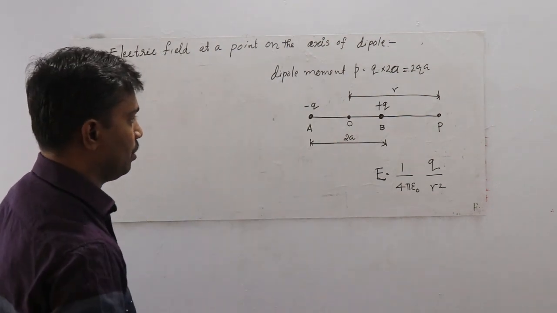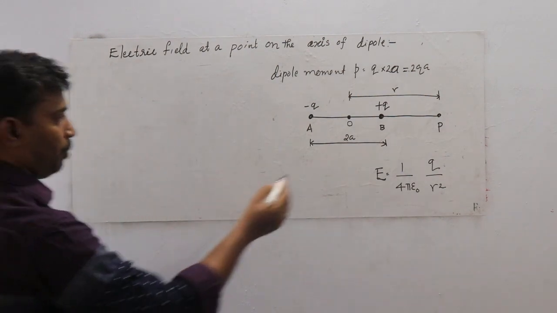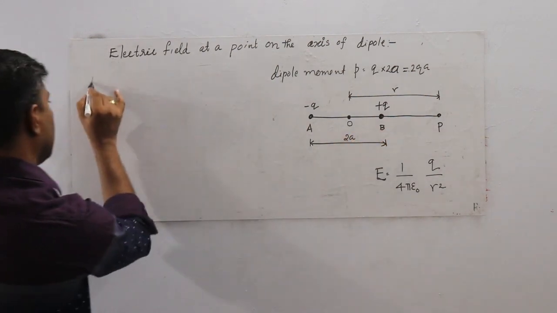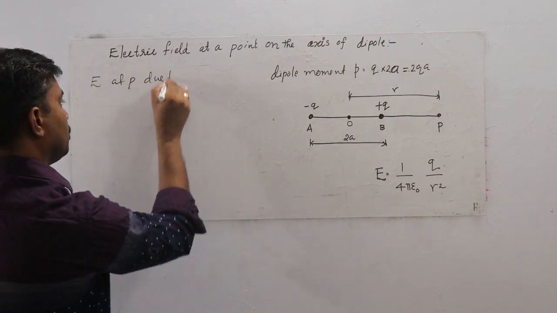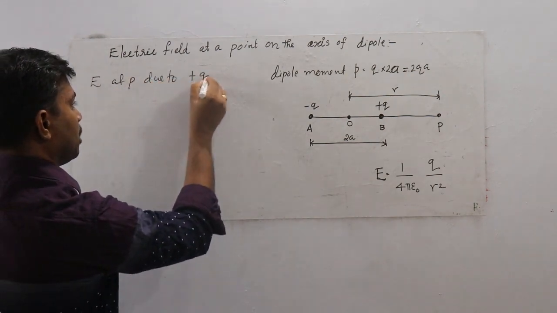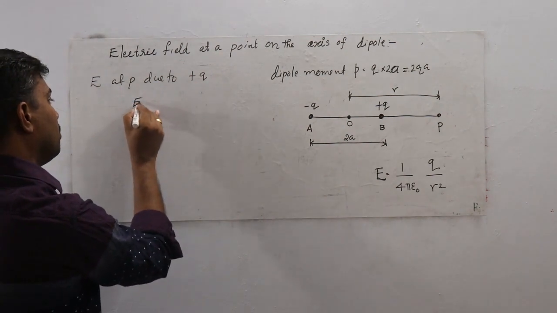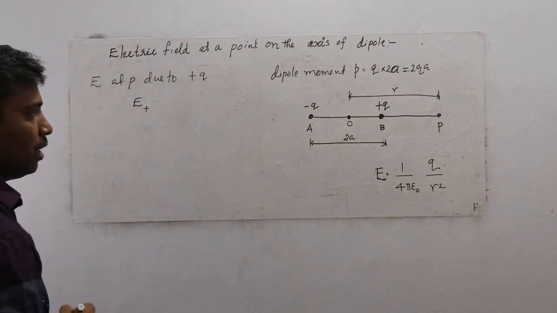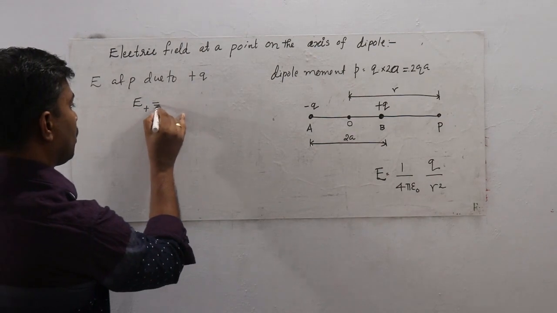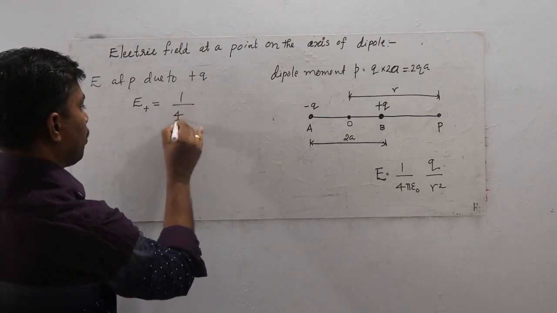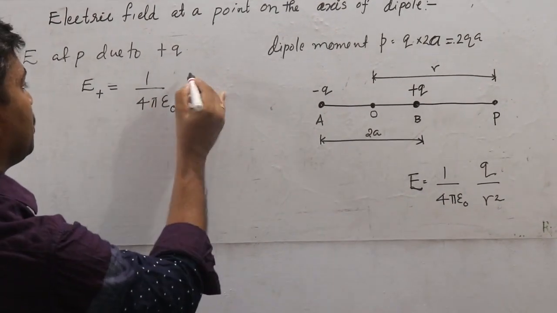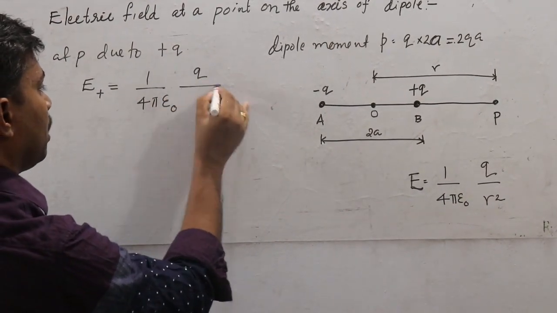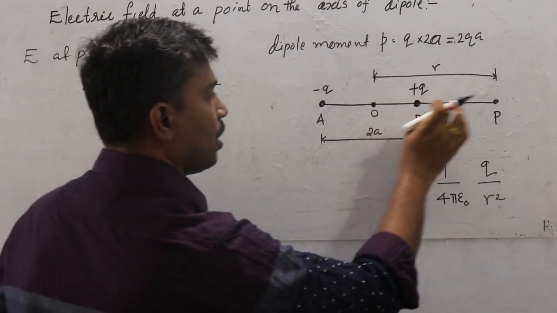So first we are going to write the electric field at a point P due to plus q charge, that is represented by E plus. So E plus is equal to 1 by 4 pi epsilon 0 q divided by BP square, where BP is the distance from the charge to the point.